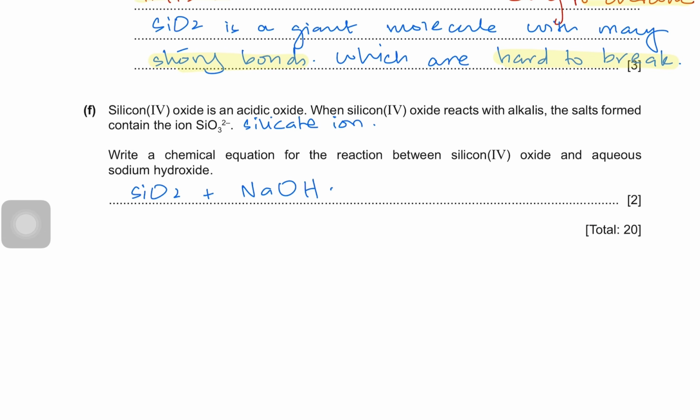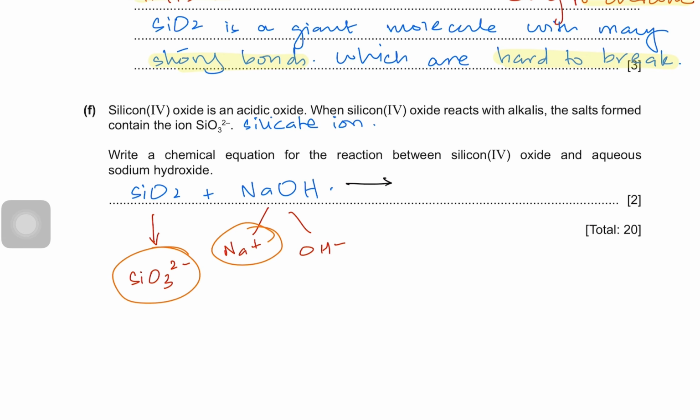From sodium hydroxide you get Na+ and OH-. And they've already mentioned you get SiO3 2- ion. So your product should involve sodium and silicate.